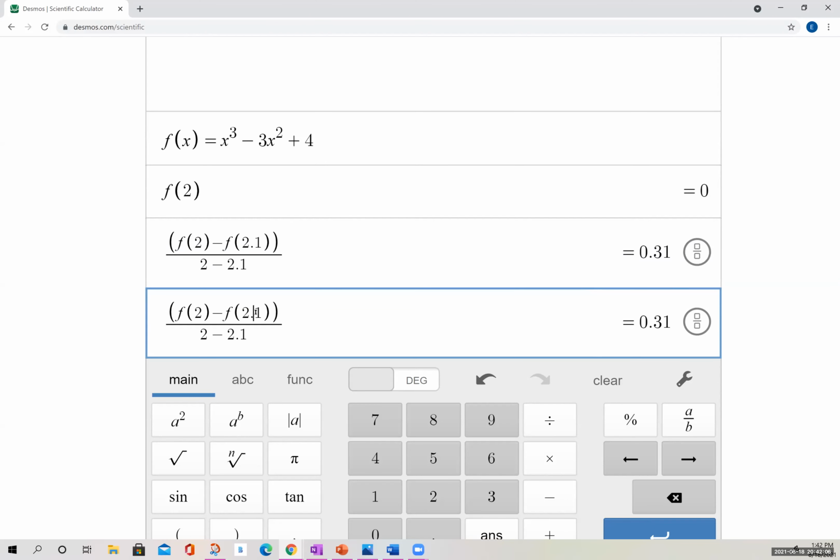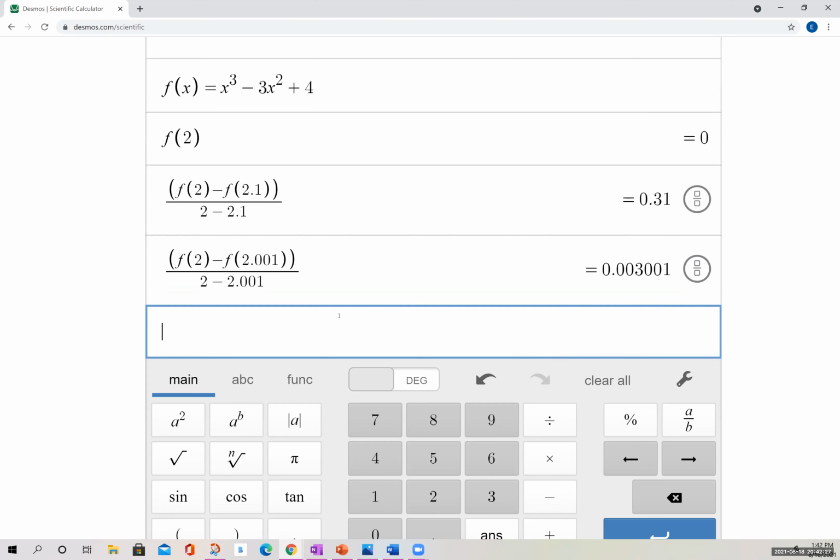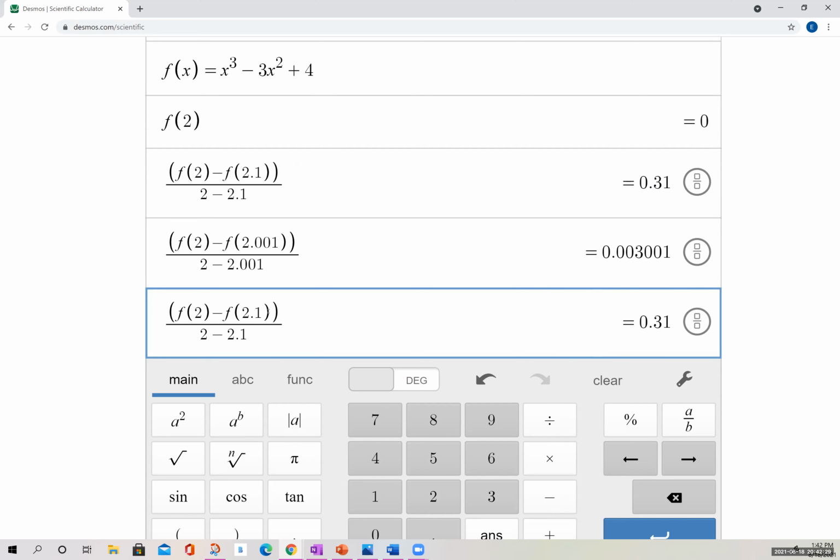Let's try 2.001. All I had to do was change my x value and my y value. Notice here, this is 0.003. So let's continue. Maybe let's put in five zeros before that 1.